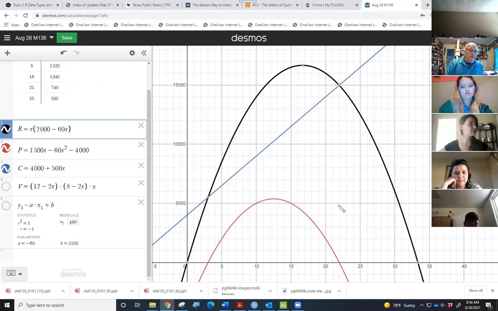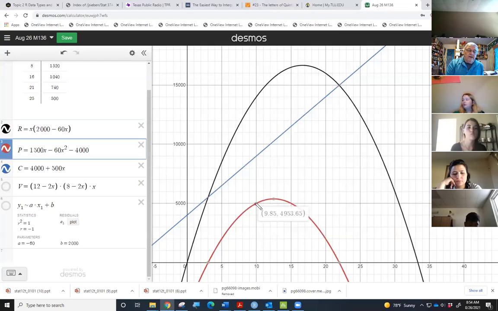There are numerous interesting things here. First of all, it may be a tiny bit hard to see, but let's pick a vertical line. Let's pick 10 right here. Then the value of my profit function at 10 is just about 5,000. It's 4953.65.